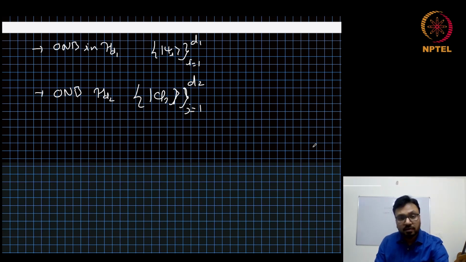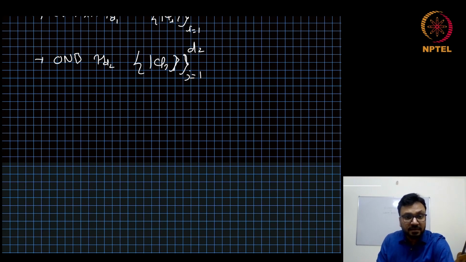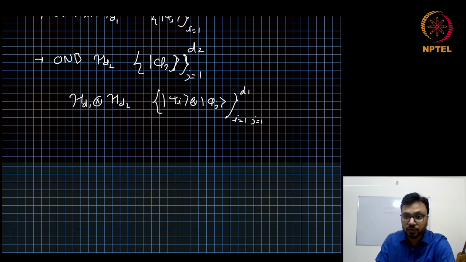Okay, so now the basis for H_D1 tensor H_D2 will be psi_i tensor phi_j, where i is from 1 to D1 and j is from 1 to D2.